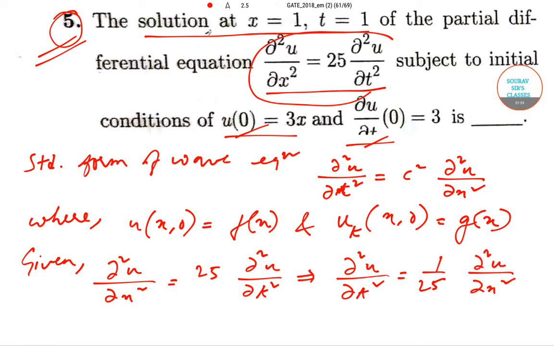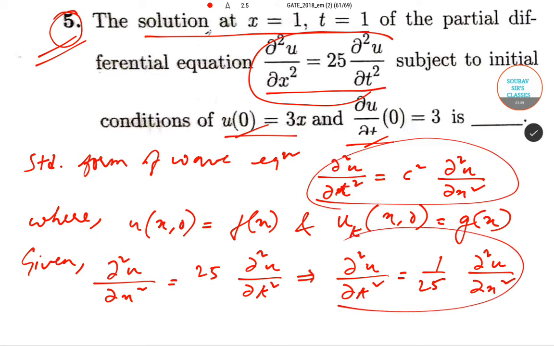So as you can see, if you compare this equation and this equation, then c square is equal to 1 by 25, and that implies that c is equal to 1 by 5. This is what we have got so far.